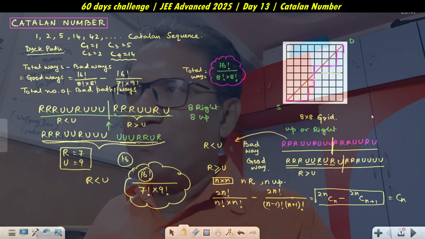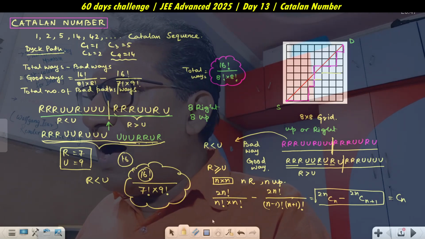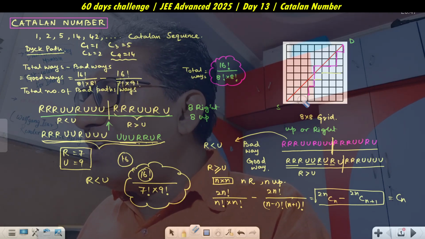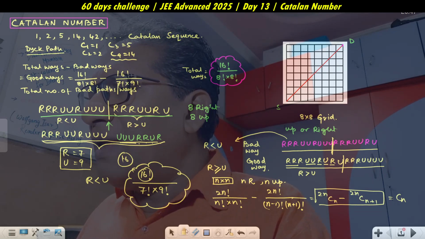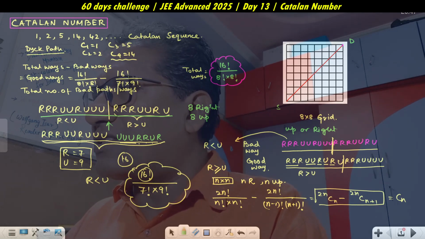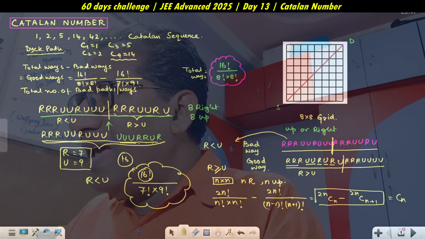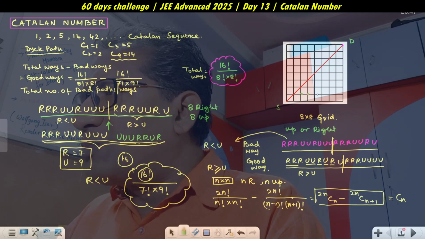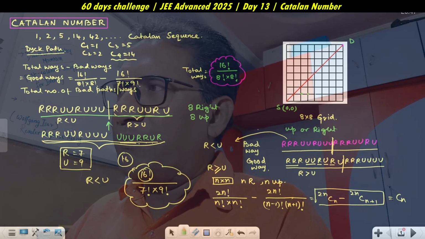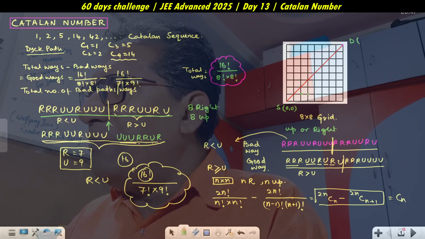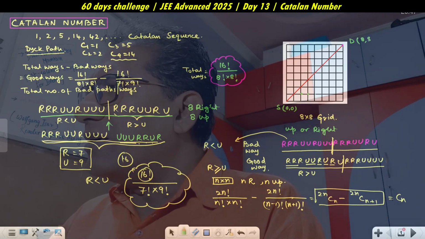Is it clear now? Now you see, a very important thing also we can deduce from this, that all the points which are below this diagonal, these are all the lattice points. Suppose the point S is, let us say, 0,0. This point is the origin. And this point will be 8,8, right?